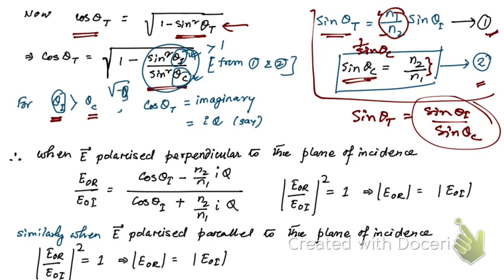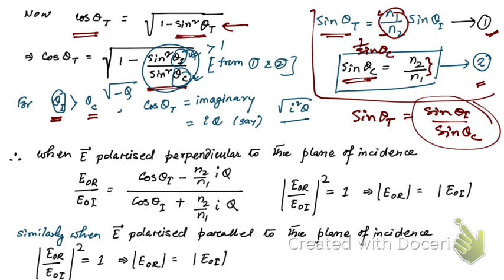Let it be, suppose, minus q, right? Because we're going to get 1 minus a number which is greater than 1. Whatever we get here is going to be greater than 1, and in that case 1 minus something greater than 1 must be a minus something, let it be minus q. So root over minus q can be written as root over i square q, where i is the imaginary number.